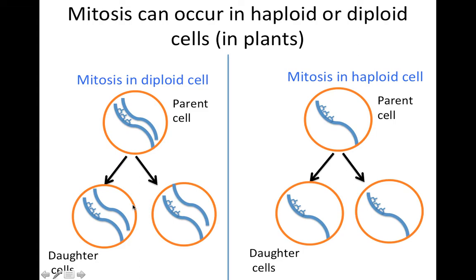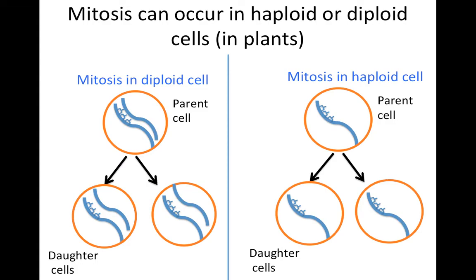They're going to end up with exact copies of the chromosomes in the parent cell. So since this parent cell had one pair of chromosomes, both daughter cells have the same pair of chromosomes. They are both identical to the parent cell, and they are genetically identical to one another. So mitosis is going to be the process that happens between the zygote and forming the entire body. So our bodies, for example, are basically made from mitosis after the zygote stage.